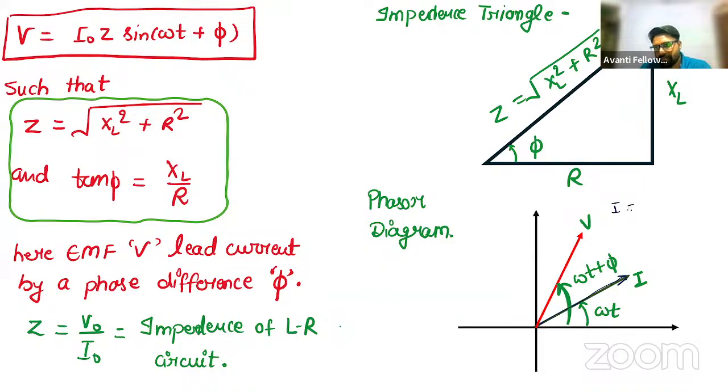I equals I naught sin omega t. There is no problem in this. The length will be I naught, and the angle will be omega t from the positive x-axis, in the anticlockwise sense. But the resultant voltage is Z sin omega t plus phi. So just extend phi, meaning phi angle from I. So the total angle will become omega t plus phi. Clear? As you can see, voltage is leading in this situation, and it has to be because it is an inductive circuit.